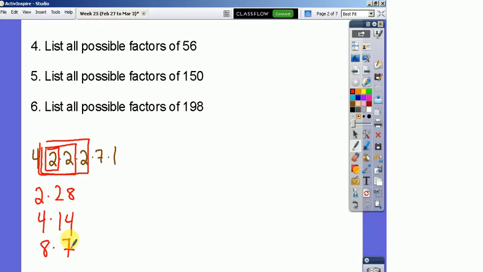Because again, you have to say what multiplies to be something and adds to be something. Well, in order to do that, you have to know what all those pairs are. And then, of course, I have 2 times 2 times 2 times 7, which is 56. 56 and 1 is that last set. Does that make sense what I'm doing there?